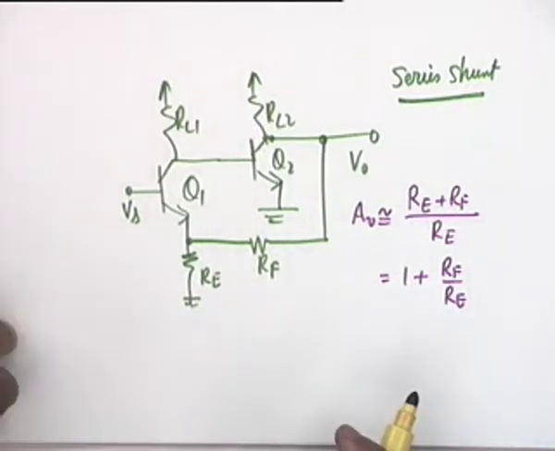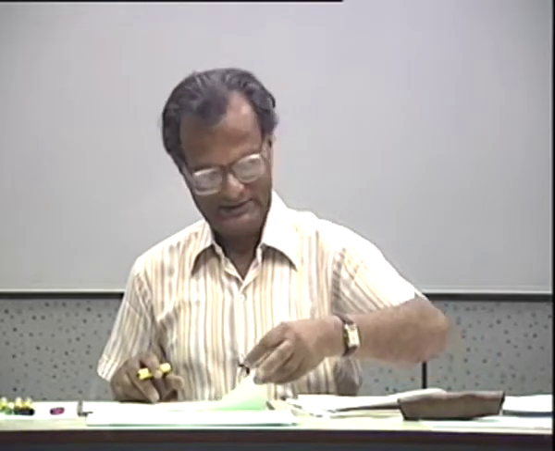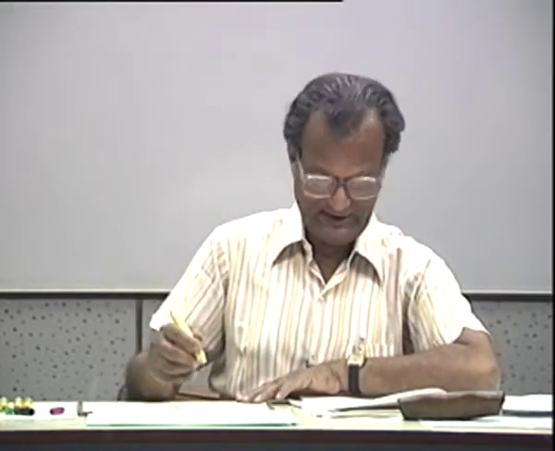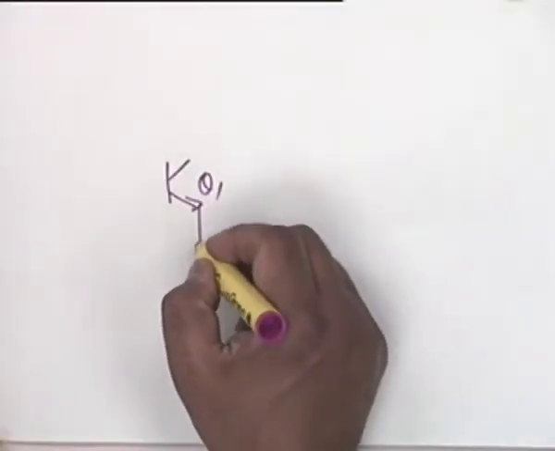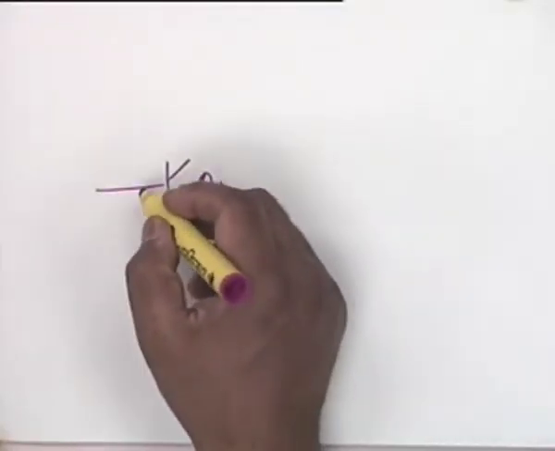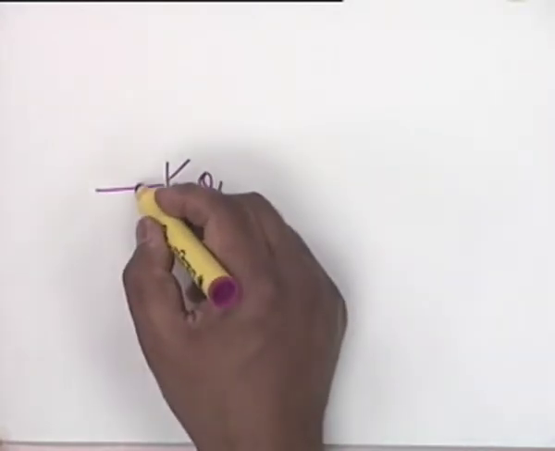And on the other hand, if we have, let's say, shunt series, then we shall have a circuit like this, Q1, shunt series.